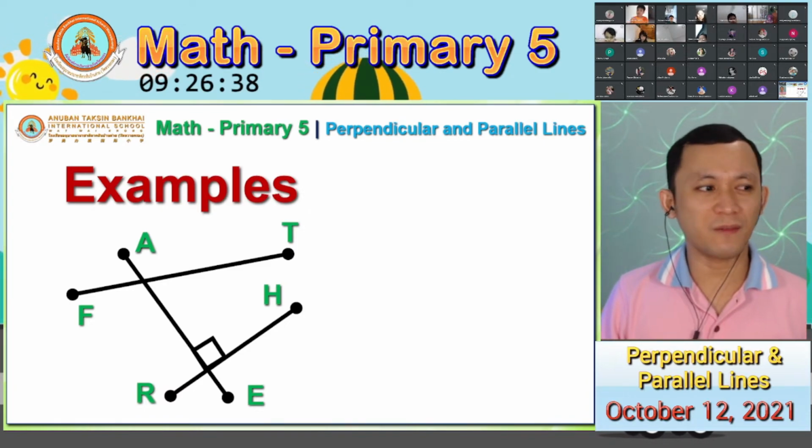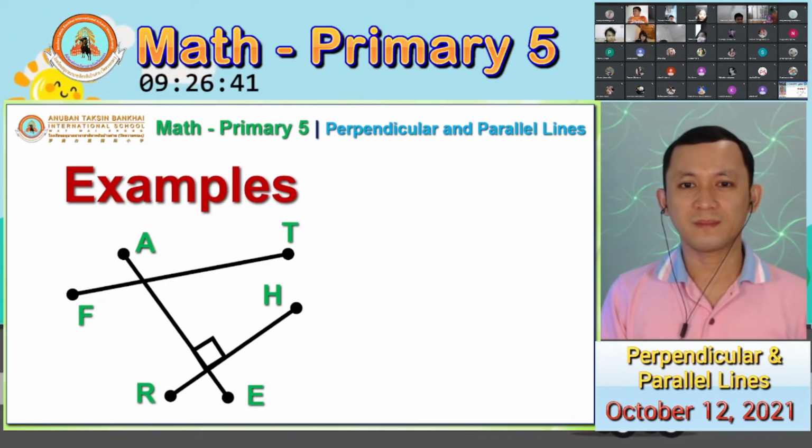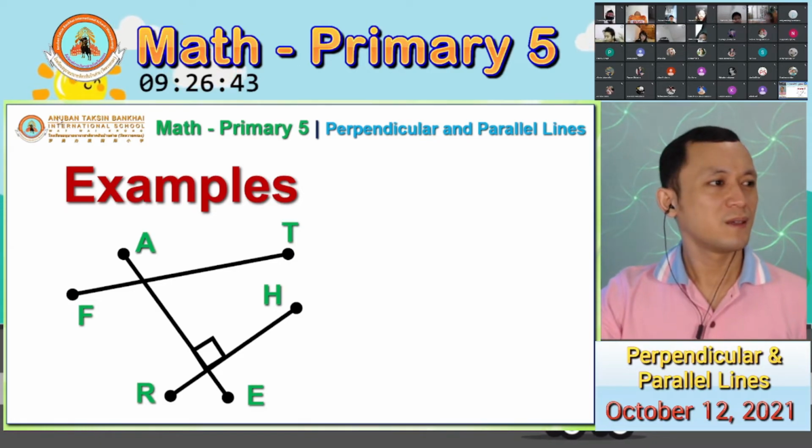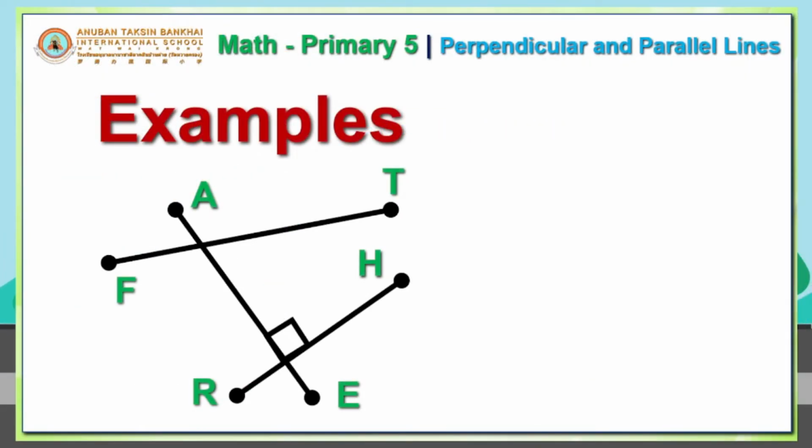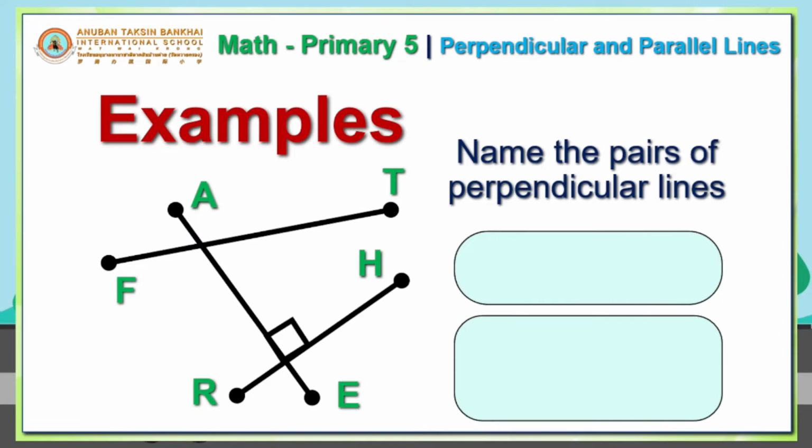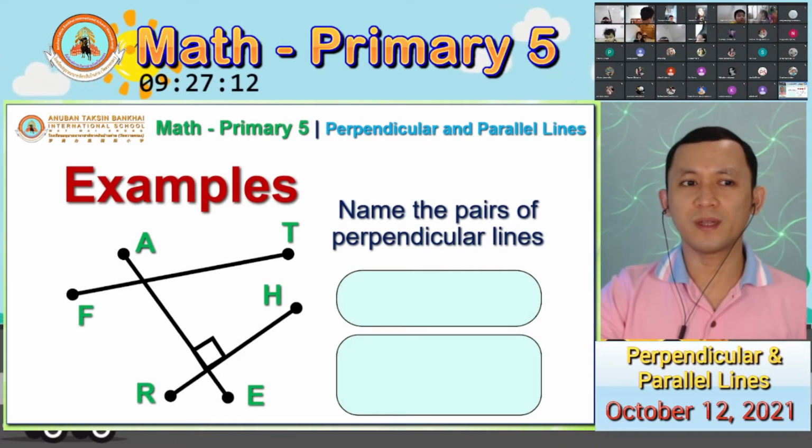How many line segments do we have? We have 3 line segments: line segment FT, line segment HR, and line segment AE. Question: which one is perpendicular?